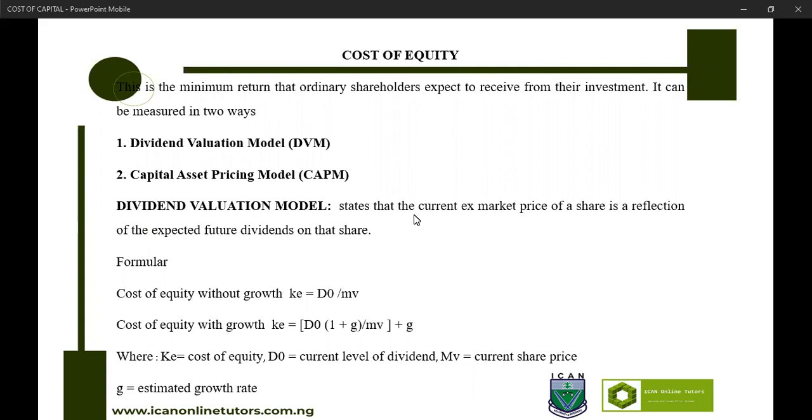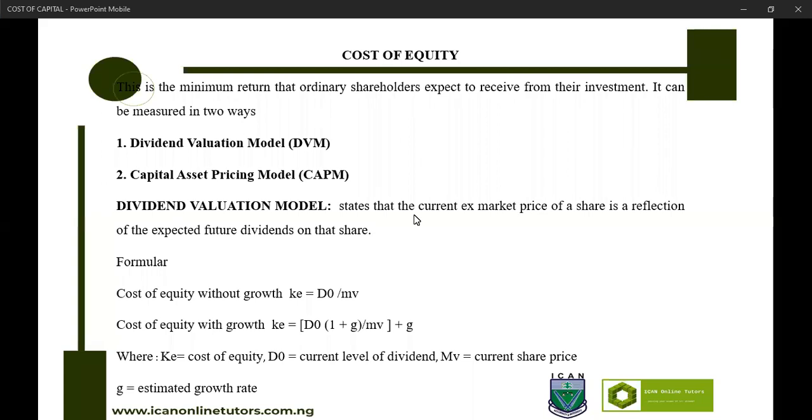As the owner of a business and a shareholder in a particular business, we have the funds that will be contributed for the running of the business, and the expected return that each of these shareholders will expect at the end of the investment appraisal is what is regarded as the cost of equity. So this is the minimum return that the ordinary shareholders expect to receive from their investments.